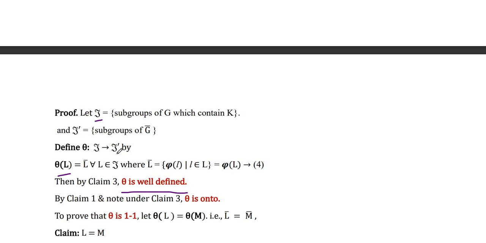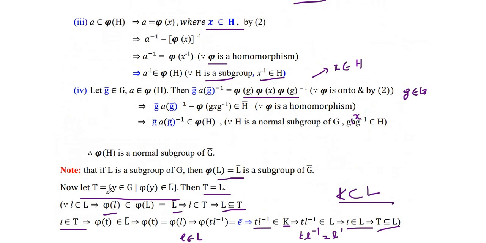If you consider any subgroup of G bar, I should be able to find one subgroup in tau, so that the image of that particular pre-image under theta gives back the original one from where we started. So that is achieved from claim 3. What is claim 3?